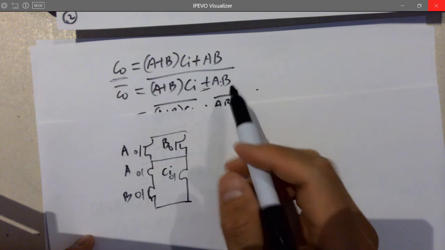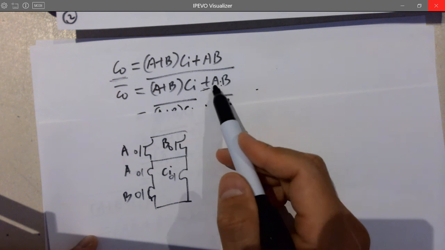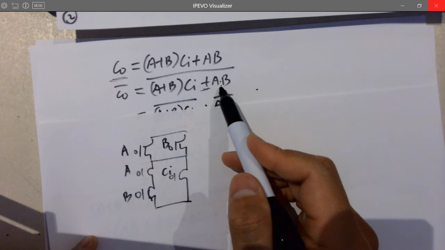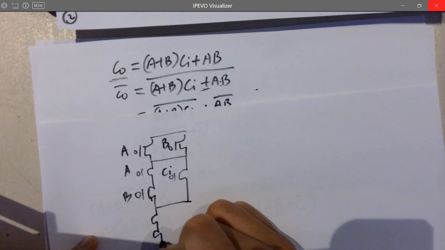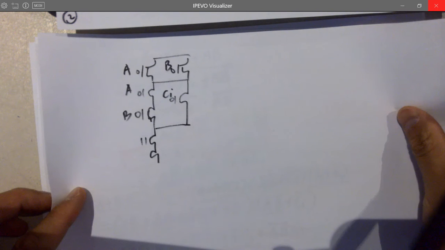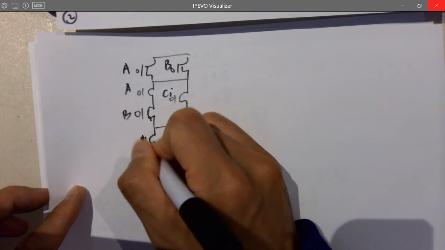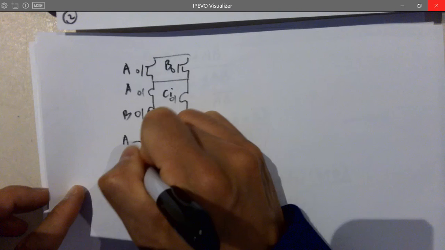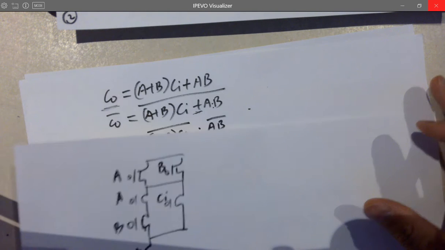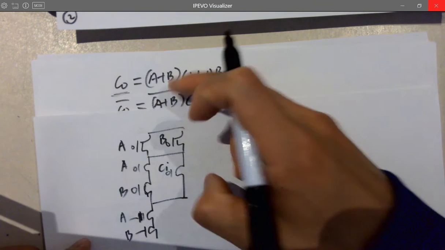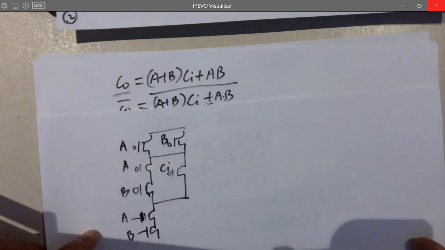For NMOS, AB are in series. And then A or B, CI.